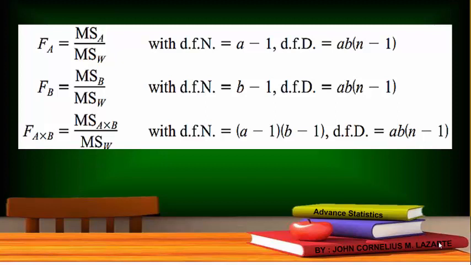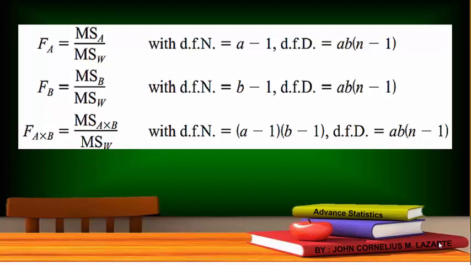Now we have the F value for factor A, which is equal to the mean square for factor A divided by the mean square for the within group variance, with the degrees of freedom numerator equal to A minus 1 and degrees of freedom denominator equal to AB times quantity N minus 1.